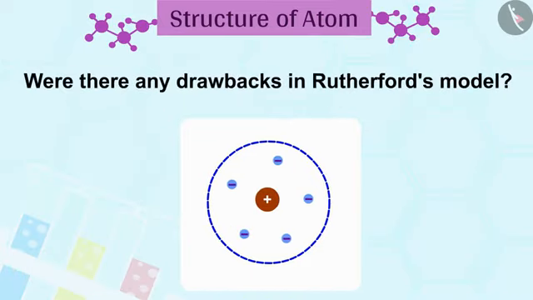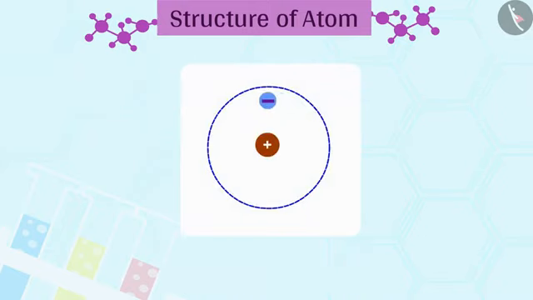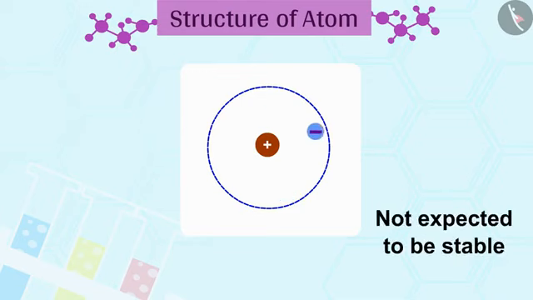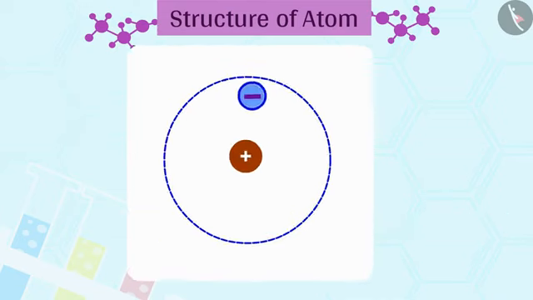Were there any drawbacks in Rutherford's model? Yes. The orbital revolution of the electron is not expected to be stable. Any particle in a circular orbit would undergo acceleration. During acceleration, charged particles would radiate energy.